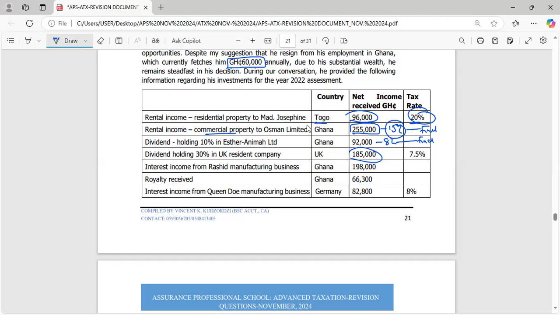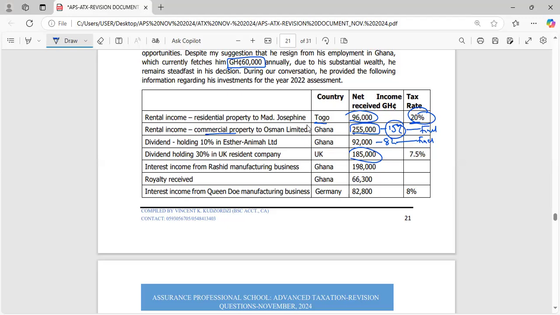Interest income from Rashid manufacturing business. 98,000 Ghana cedis was received. This is net. So what is the withholding tax rate on interest income? It's 8%. Remove that 15%. I have shaded it down there.